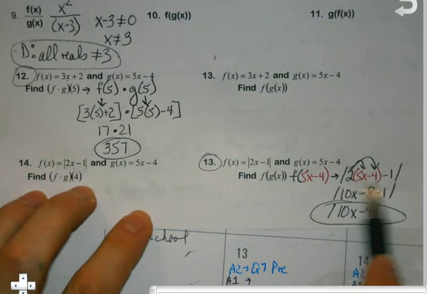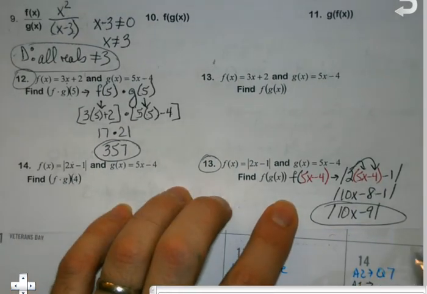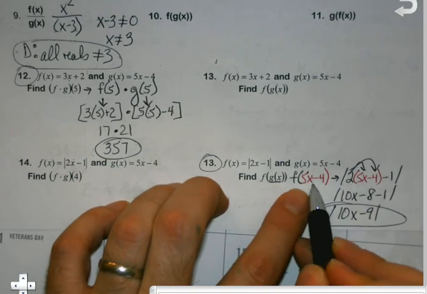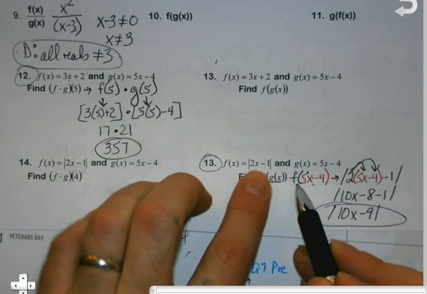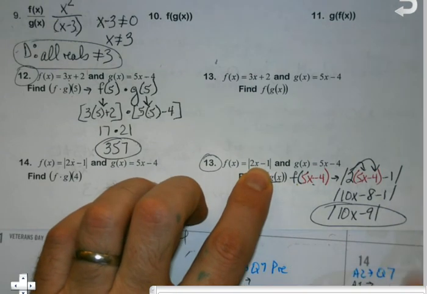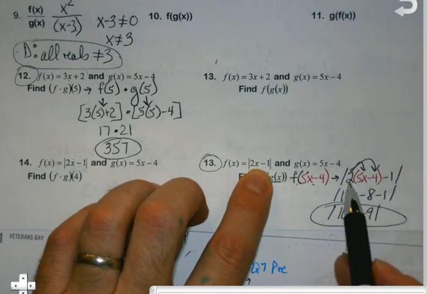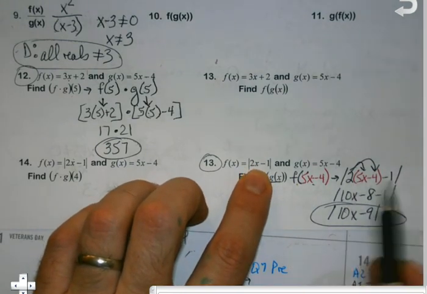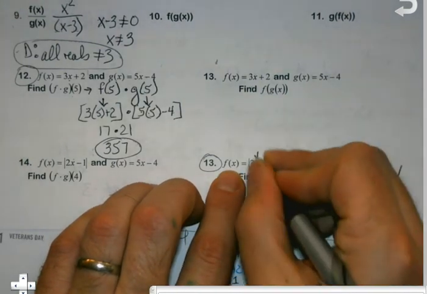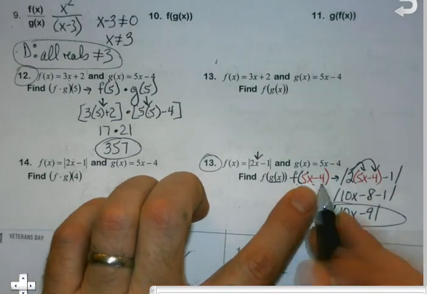Like here? Okay. So when I'm here, are you good with how I went from g of x and just basically put that where the parentheses are? Okay. So f is telling me I'm using this function, this 2 times x minus 1, but the absolute value of it. So I'm just rewriting here 2x minus 1, but instead of using the x that's right here, I'm replacing the x with what's in the parentheses.